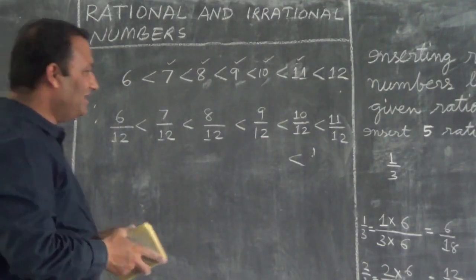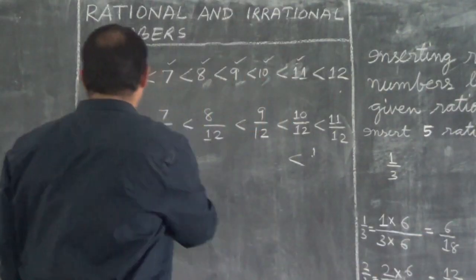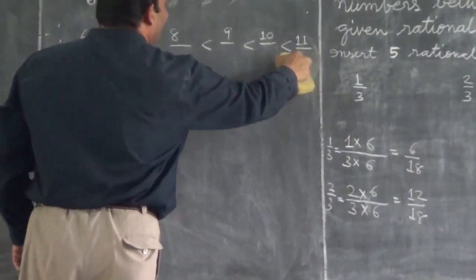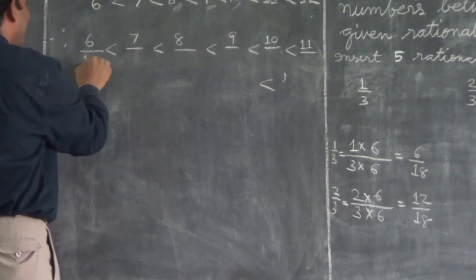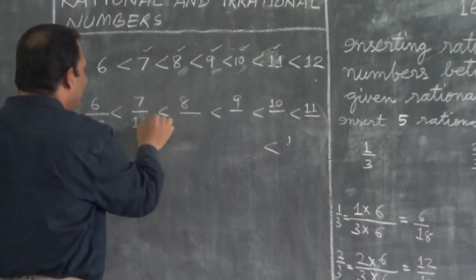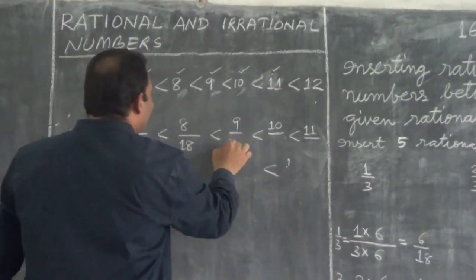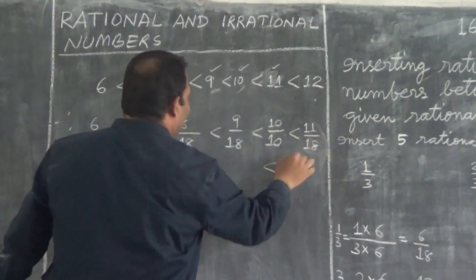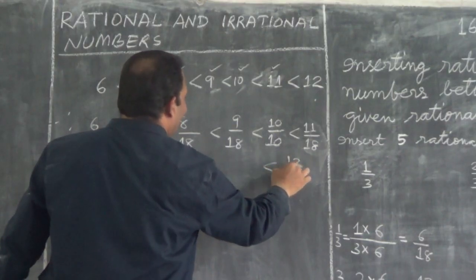I should write 18 because here the denominator is 18. I made a mistake. The denominator will be 18, not 12. 6 by 18, 7 by 18, 8 by 18, 9 by 18, 10 by 18, 11 by 18 and 12 by 18.